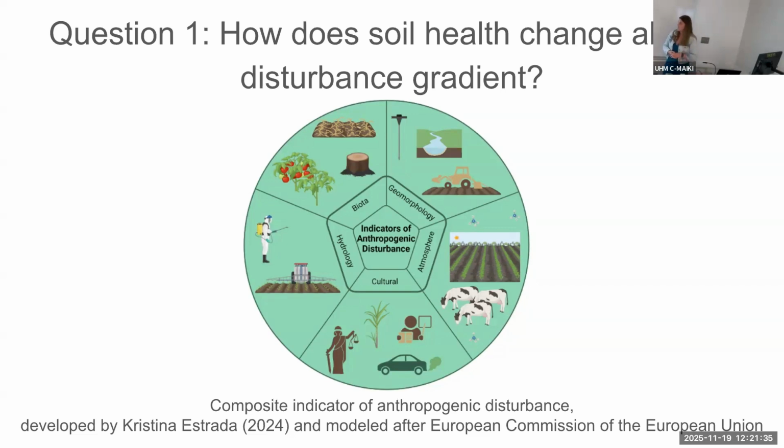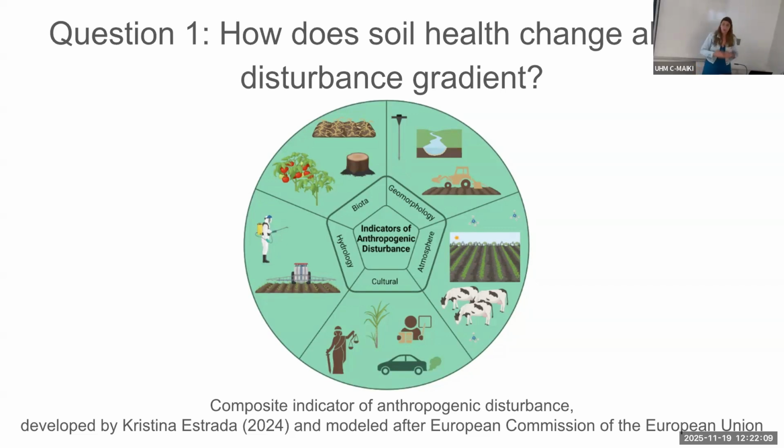And you can see here that she had indicators. So she went out and she did a survey and she surveyed land managers. She used GIS to look at some global data. And then she took some soil measurements herself to get an idea of biotic indicators of soil health, such as removal of biomass, burning of biomass, geomorphological, such as tillage, or she also looked at the compaction as well.